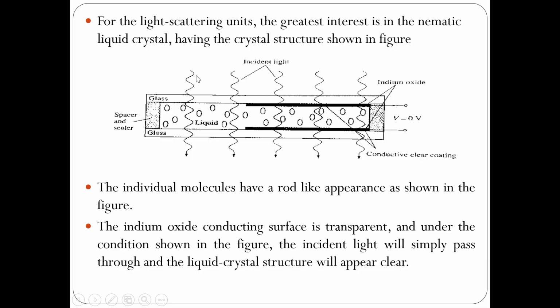The indium oxide conducting surface is transparent, and under the conditions shown in the figure, the incident light will simply pass through and the liquid crystal structure will appear clear.